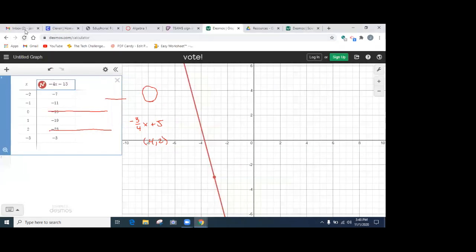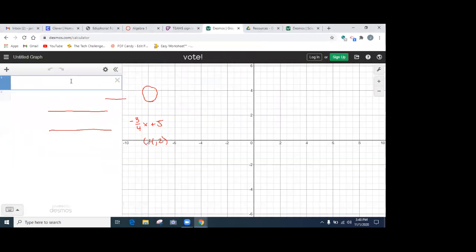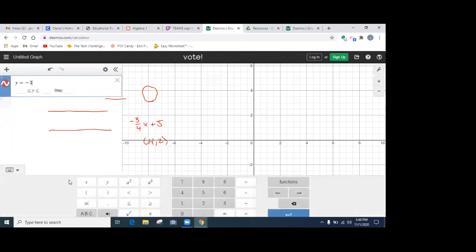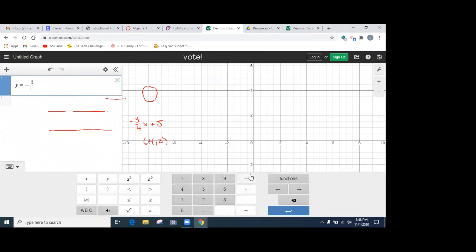So we're going to reload this. All right, so we got y equals -3. We're going to make it a fraction, so that's a divide, over 4x plus 5.